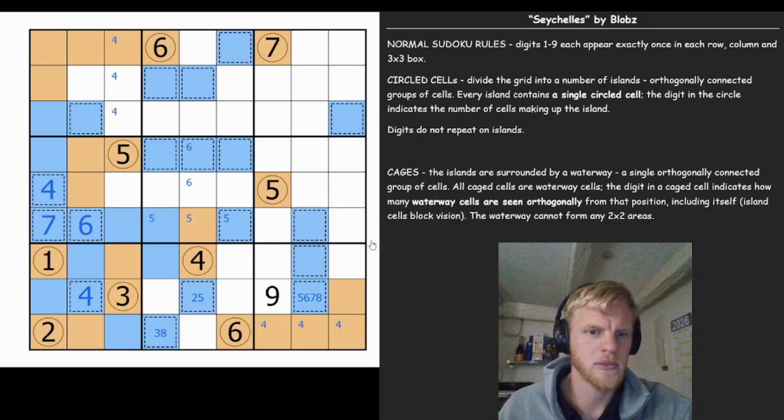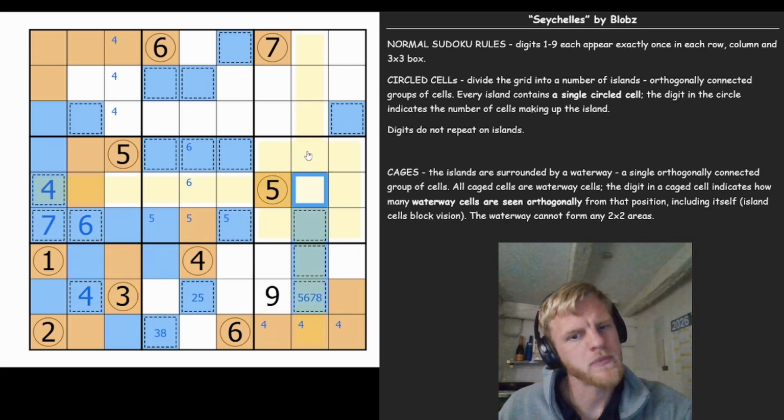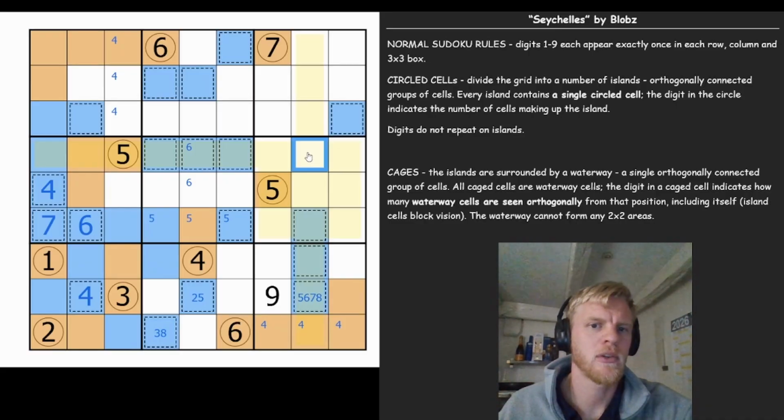That is possible, I think. 4, 5, 6, 7, 8, only including this cell.